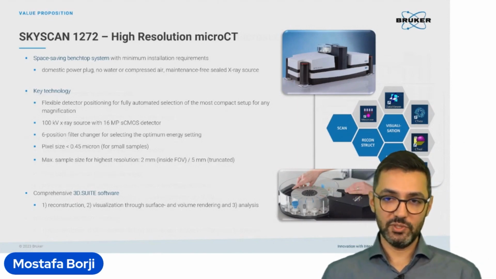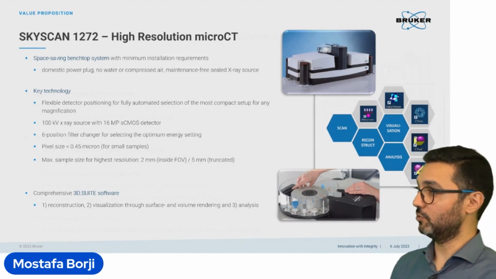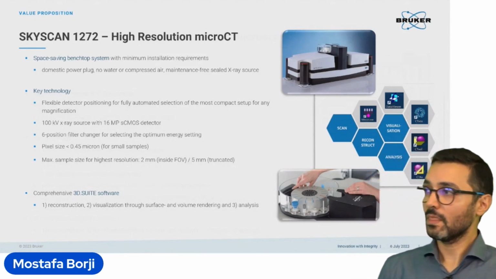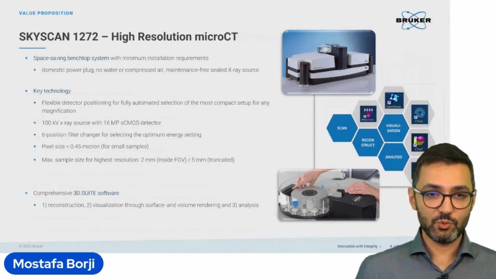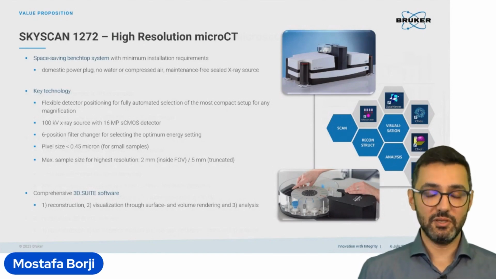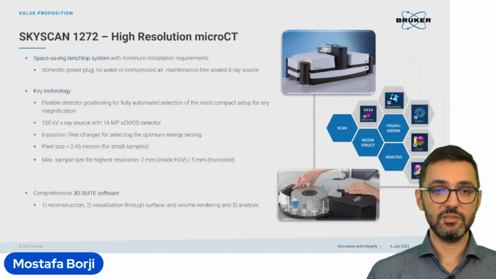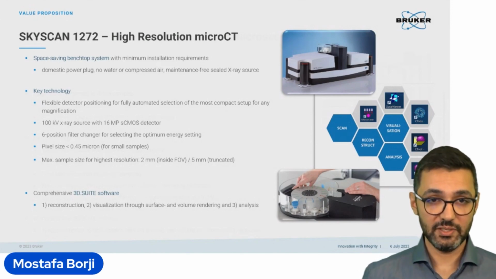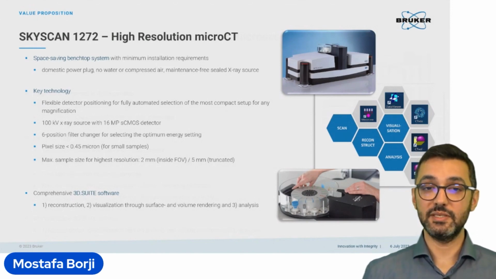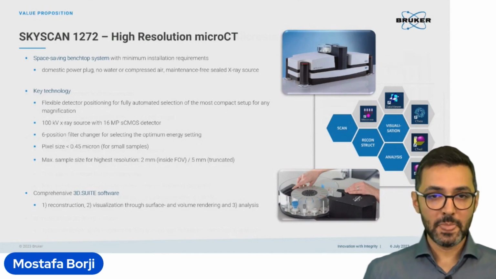But if we go to the higher resolution side, we do have the 1272 device, in which the pixel size can go down to 450 nanometers for high resolution scans. This device can produce X-rays up to 100 kV energy, and it is equipped with a 16 megapixel CMOS detector.